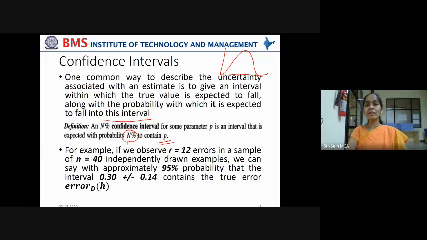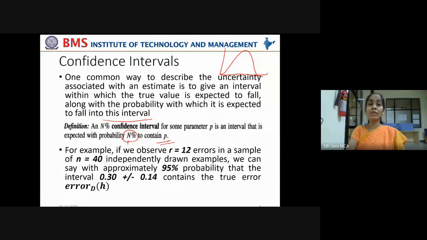What is p here in our problem? The p is the true error. The true error is expected to fall in this n% confidence interval, 95% confidence interval. The other 5% of the time, we are not sure whether the true error will fall in this interval or not.